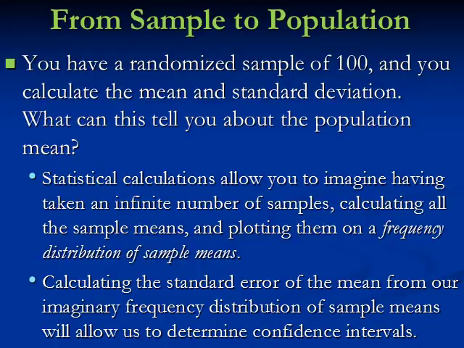The equations allow us to pretend that we took an infinite number of samples and then figured out the means of all of those samples and plotted them on their own distribution, and calculated the standard deviation of all of these hypothetical sample means. And you saw that that's how you come up with the standard error of the mean, okay?